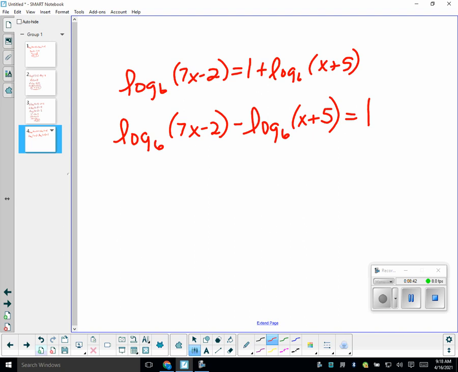I need to get where I only have the word log one time. Remember the properties? This is a minus. Oh, it'll be 7x minus 2 over x plus 5. Log base 6 of 7x minus 2 over x plus 5 equals 1. Now what?